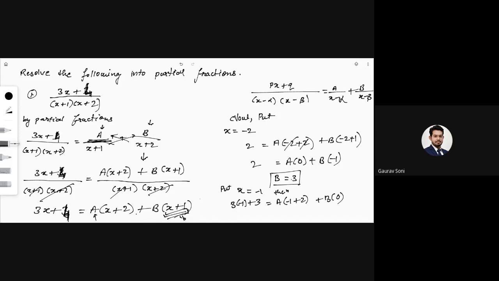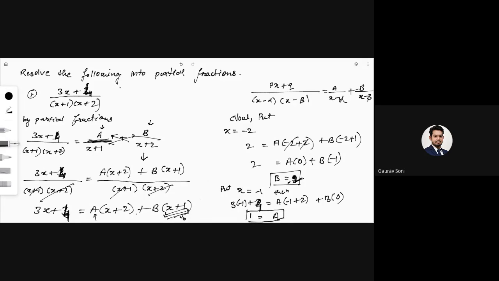B will be equal to -2, yes? So here it will be -3 plus 4, which is 1, equal to a. So we have got a equal to 1.